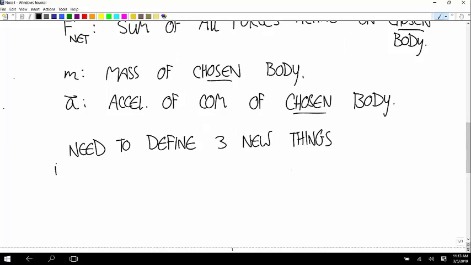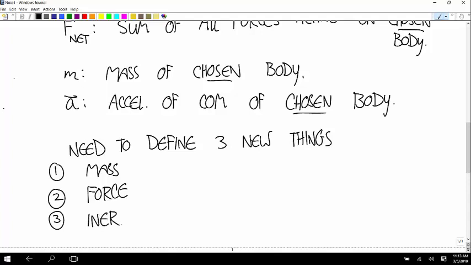The first one is the mass. The second one is the force. And the third one is an inertial coordinate system. What does that mean? That has come up briefly before. Do you remember where it came up before?